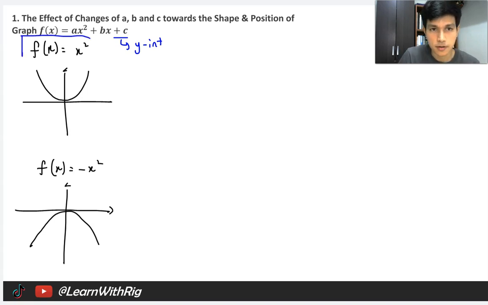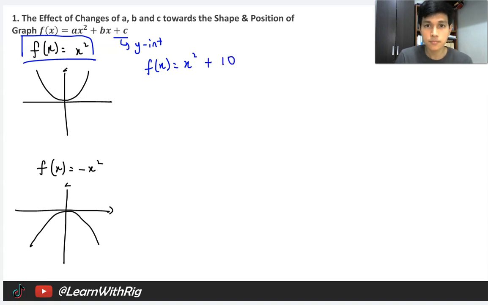So this is the basic, correct? Now what if you have f(x) equals x squared plus 10? So your c value here is plus 10, correct? Now if it's plus 10, your graph is just going to shift upward. Okay, positive 10, so you shift upward, so it's going to look like this.